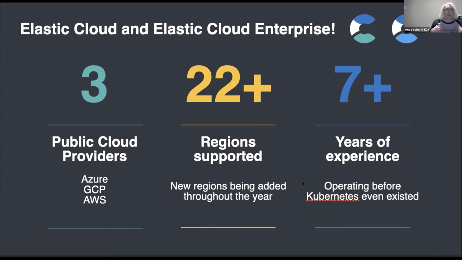It's a similar experience where you just would like an Elasticsearch or a Kibana or any other Elastic Stack resource, and we just manage it for you. We also offer an on-prem version of the same service called Elastic Cloud Enterprise, where you can run the same software that we use to run the Elastic Cloud SaaS on-prem, which is helpful for a lot of people.